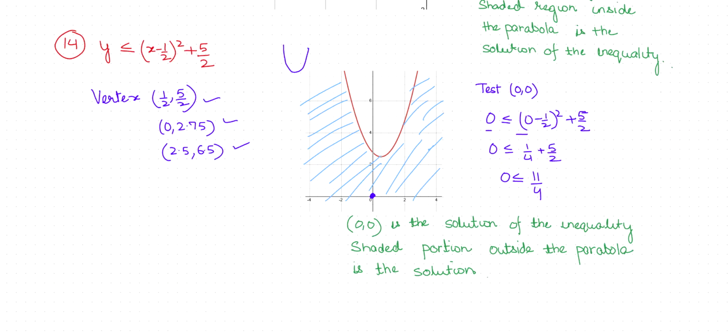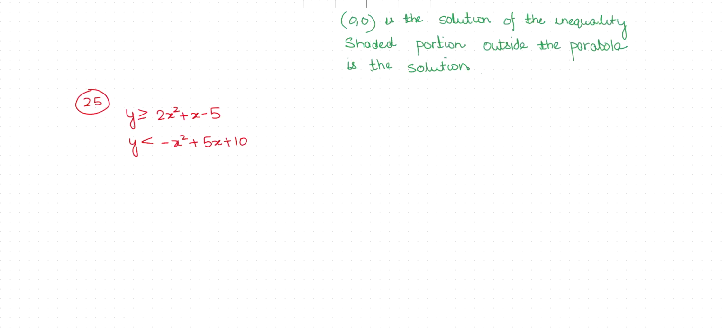Let's now do the questions where we'll graph a system of quadratic inequalities, like two inequalities. These are the two inequalities, and we have to graph them. We already know how to graph them, and we should know how to graph the solution of the inequality.